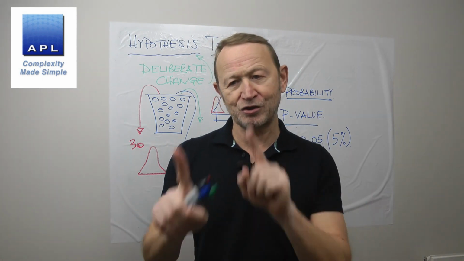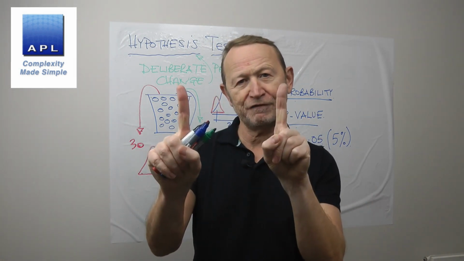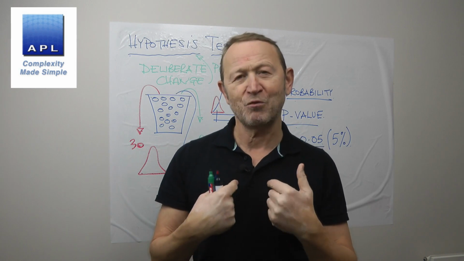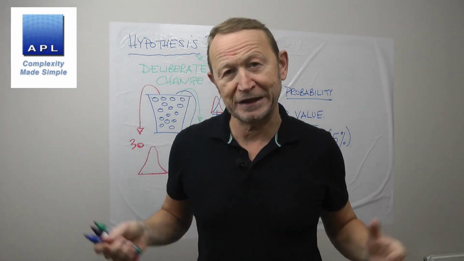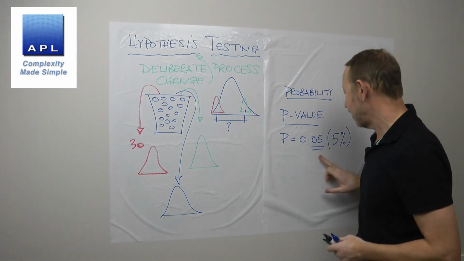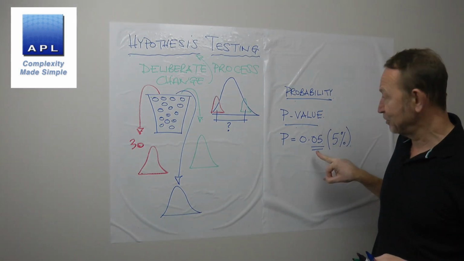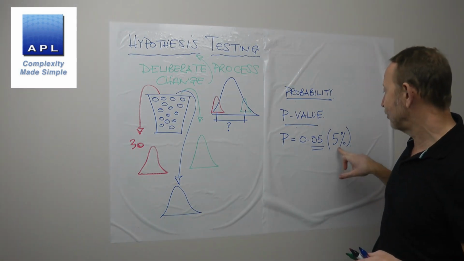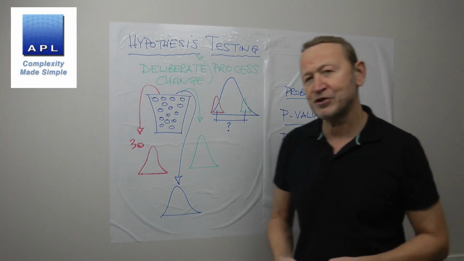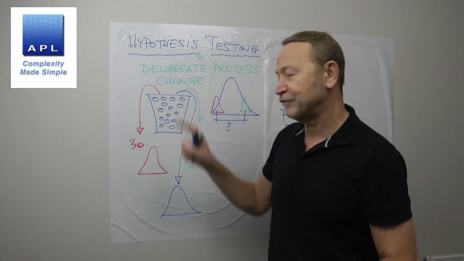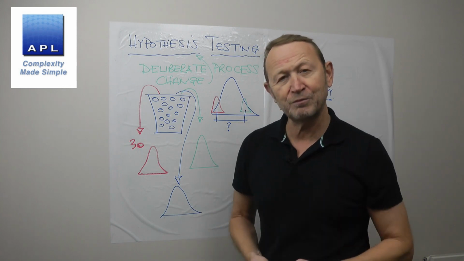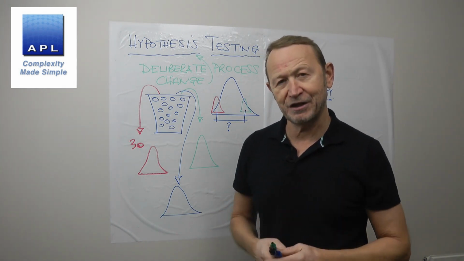That's because you think every shift was you, when actually it could have just been luck. Well, the p-value is going to tell you you couldn't be that lucky. There is only a 5% chance you're wrong if you conclude your new process setting made a difference.